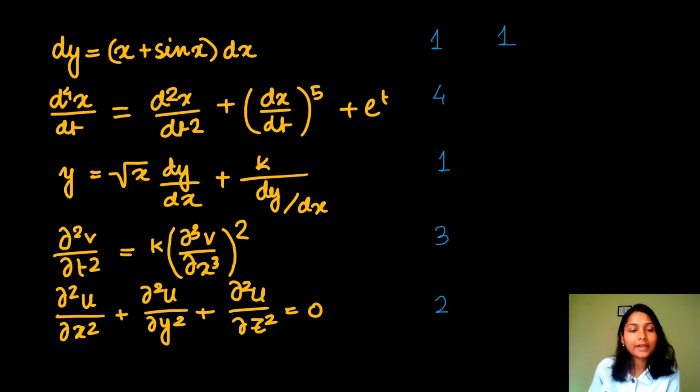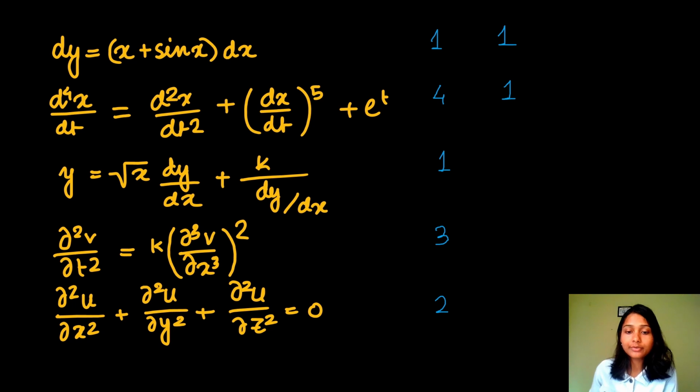This one again has this as the highest order derivative and its power is 1, and it is again free from radicals and fraction. So it should be 1. But this one has the highest order derivative dy dx, but there is a fraction term. So what do we need to do? We need to remove this fraction.